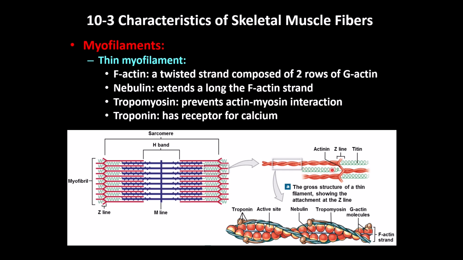And also there is another protein called titin. Titin is connecting the thick filament to the Z line. So you see the thick filament here, and it's connecting it to the Z line.